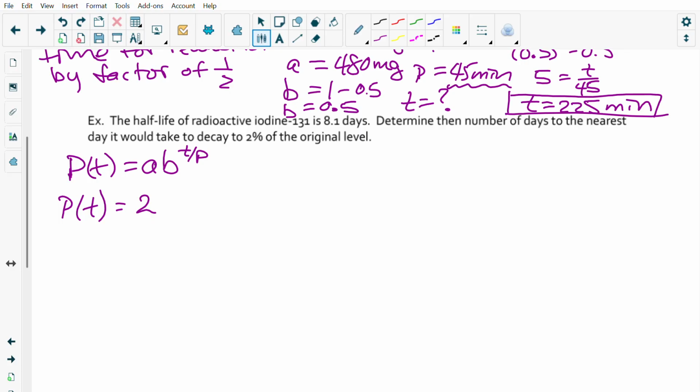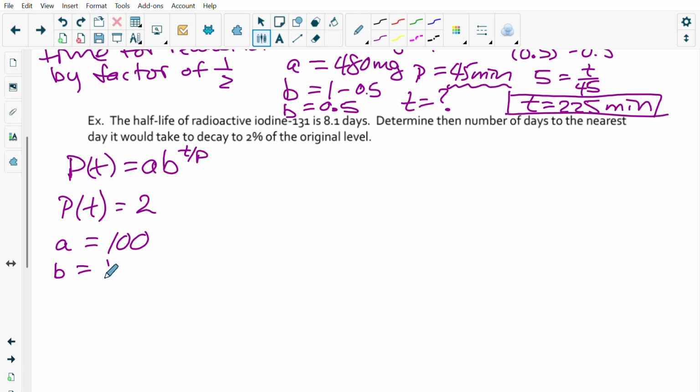If 2% of the original level, then the original level we can say is 100. I'm going to use 2 as the final amount and 100 as the original amount. Then that tells me that's 2% of the original level.